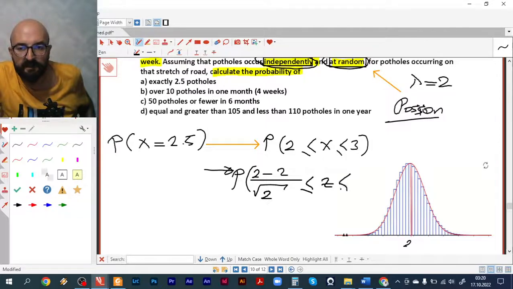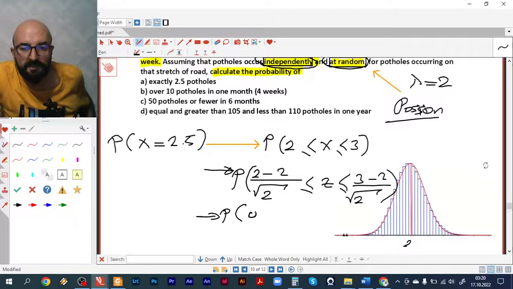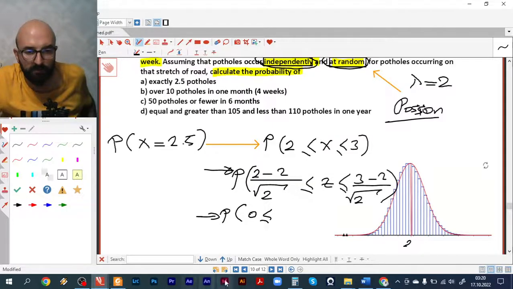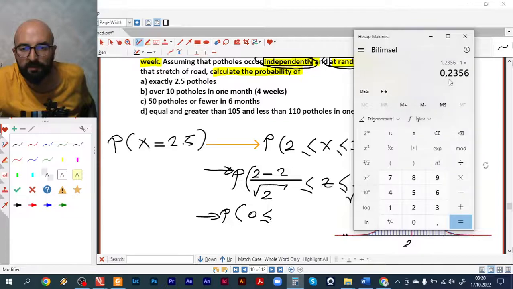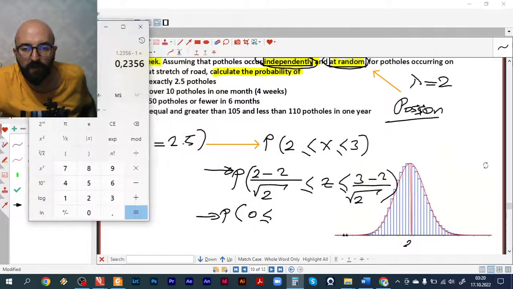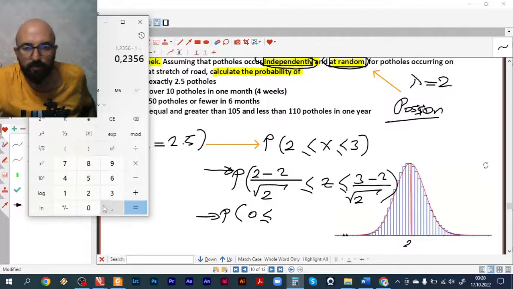I want to compute it using the calculator, 1 over the square root of 2.